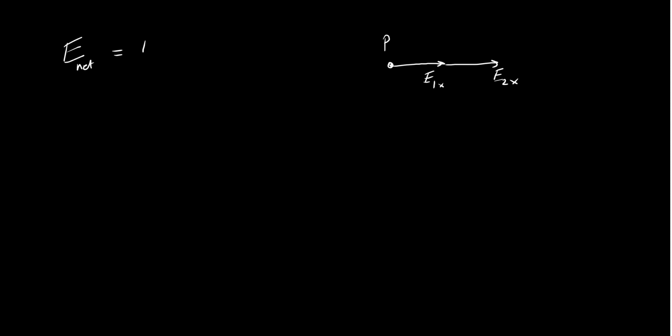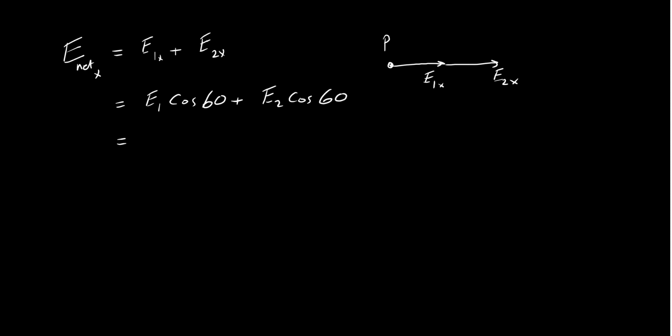It will be E1x plus E2x, let's say, the total net electric field on the x-axis. Just to give more detail, E1 cosine 60 plus E2 cosine 60.